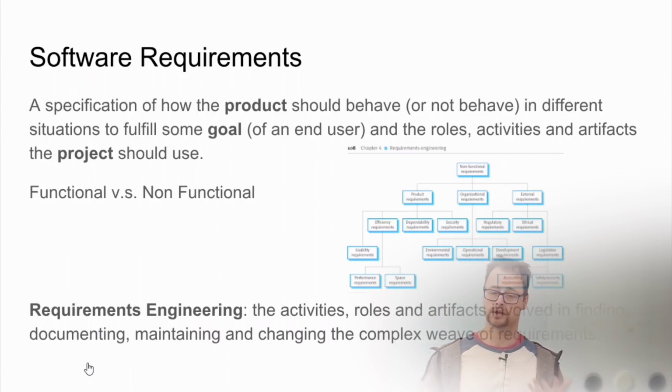So the end user has some goals, some wants and needs, and these need to be fulfilled by our system in some way. And we specify how this should happen. What information does the user need to supply to the system, and what information will the system provide to the user?